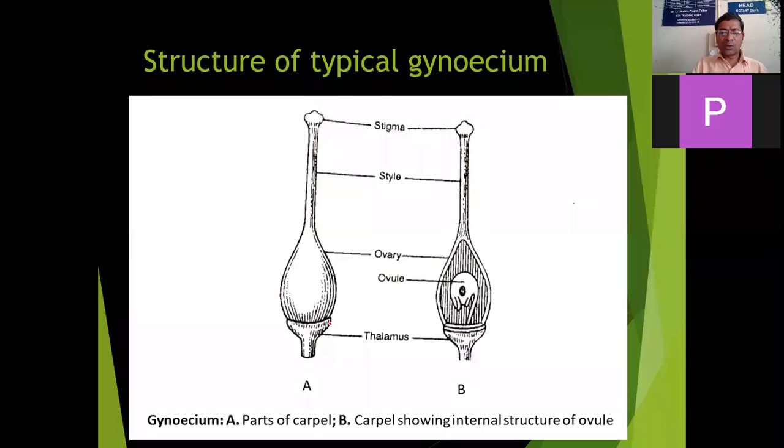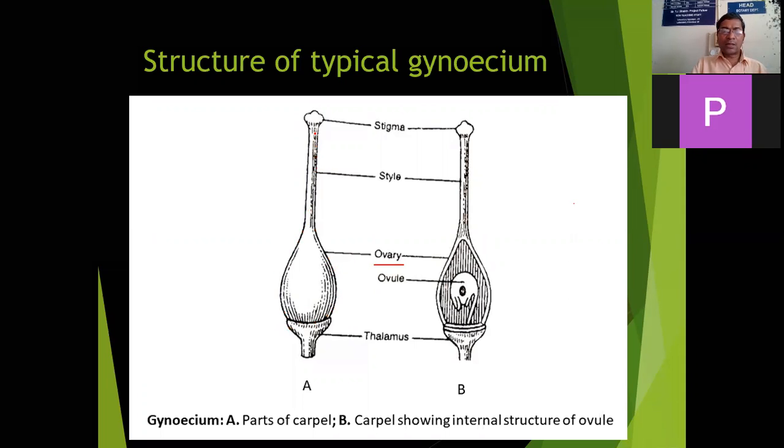This is a thalamus or a receptacle on which you will observe the presence of the gynoecium. This gynoecium is also called the carpel or the pistil. It possesses this lowermost part, which is called the ovary, which is swollen.